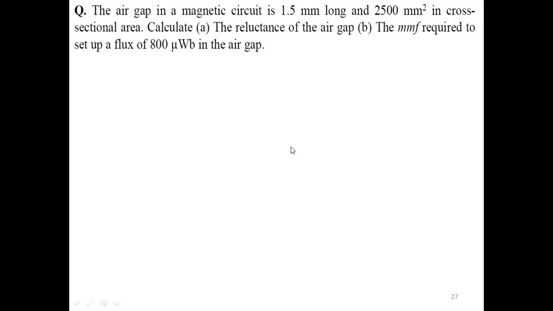The air gap in a magnetic circuit. For the air gap only we have to calculate this one. Reluctance of the air gap, MMF of the air gap only we have to calculate. Understood? For the air gap mu r equal to, obviously, 1 only, na? Yes, sir. Then no need to consider mu r here. Mu r will be 1 only.